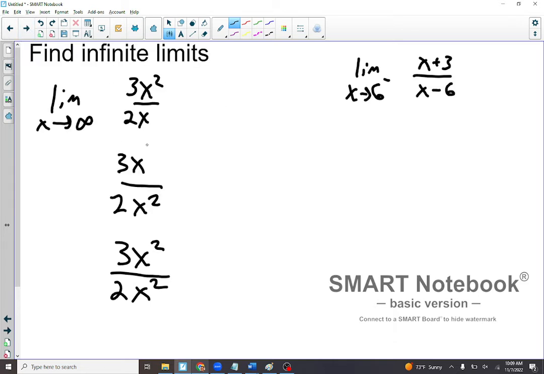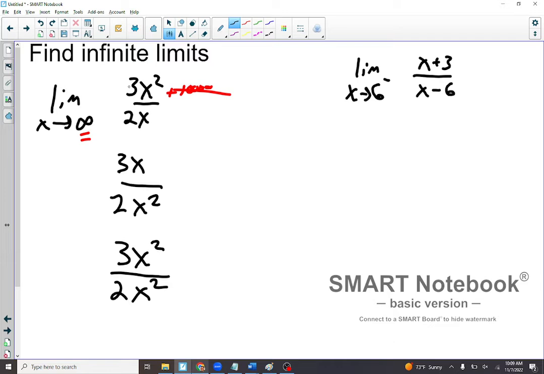Next one, find the infinite limits. When you're going to infinity here, the rule is that we care about the biggest thing. Even though I have a plus a billion, I don't care because infinity is much bigger than a billion. So I'm only looking at the biggest power of the variable on both of them.